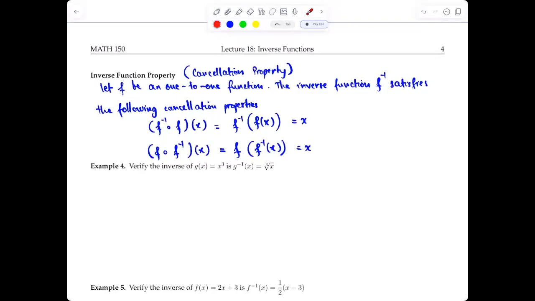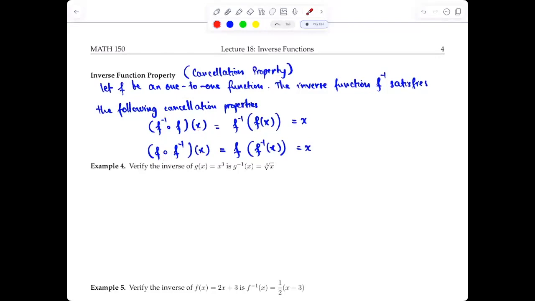So why are they called cancellation properties? What I'm about to say is not mathematically correct, but it's very convenient for us to understand the concept. It's called the cancellation property because you can see here, f inverse and the original function kind of cancel out and you're left with just x. You see what I'm saying? And again here, f and f inverse cancel out and you're left with just x.